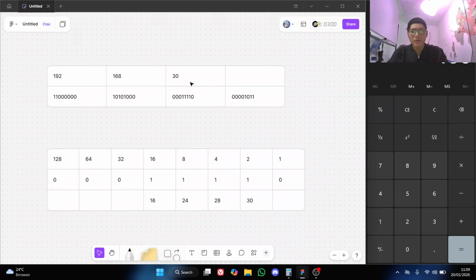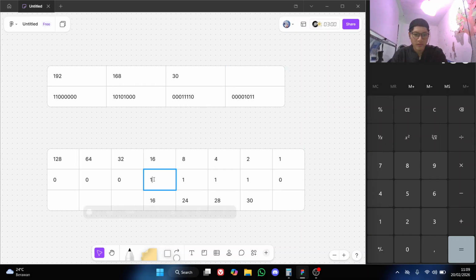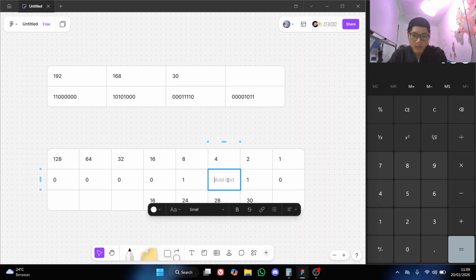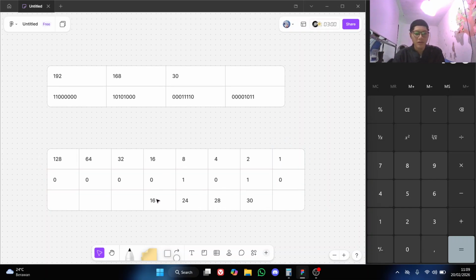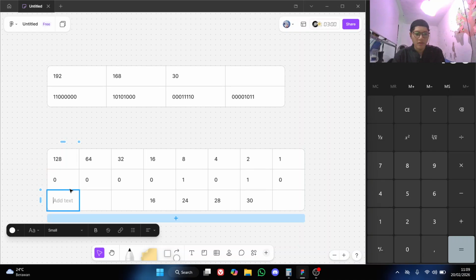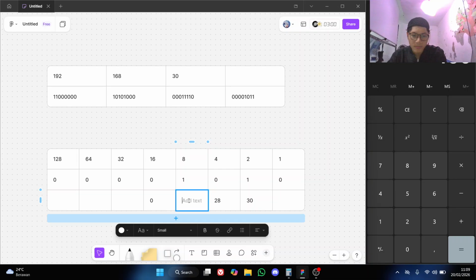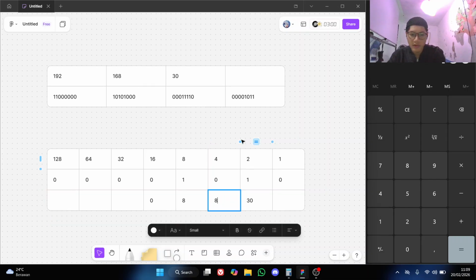And now for the last octet. It is 0, 0, 0, 0, then 1, 0, then 1, 1. Okay, so what's this one? First we have 0, and then 0, 0, 0, and then now we have 8. Then 8 plus 0 is still 8.